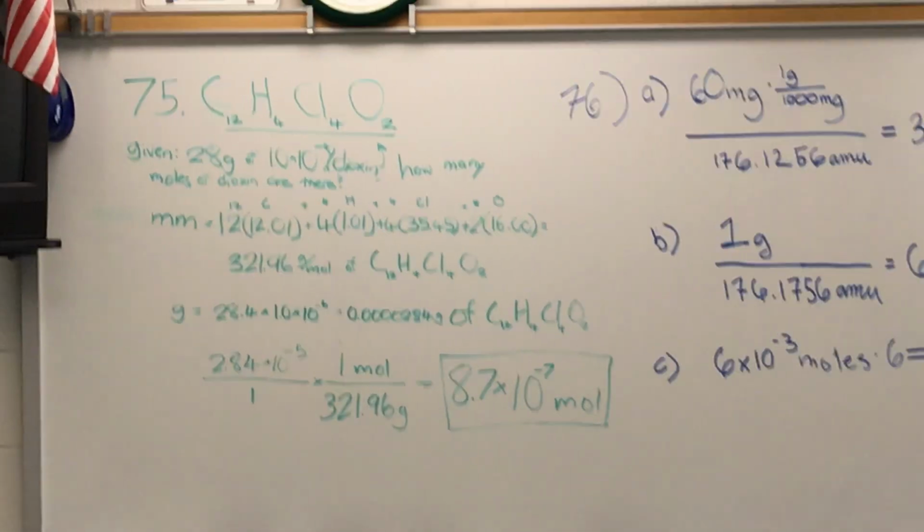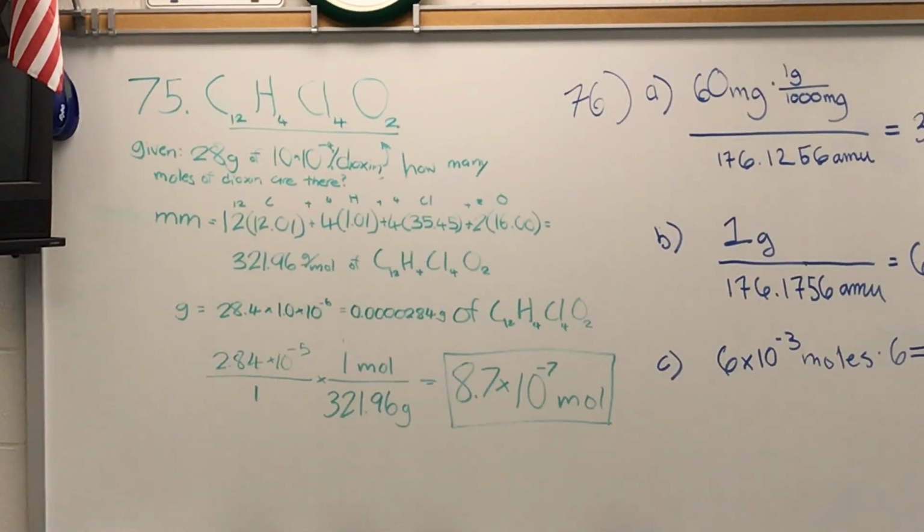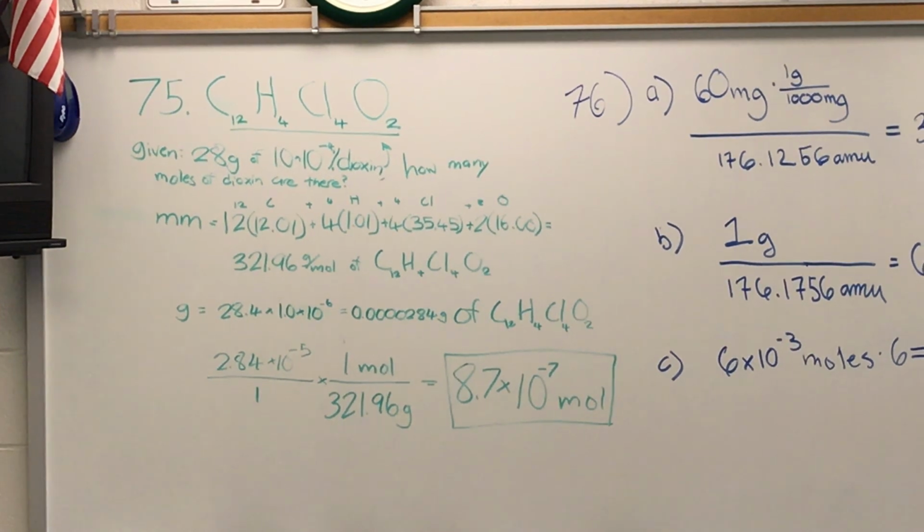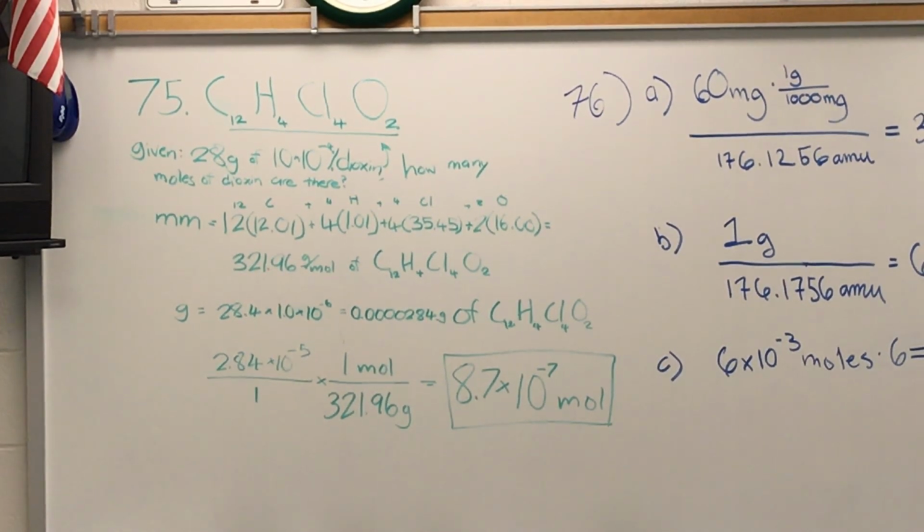So if we look here now at Kruthika doing number 75, you can see that she calculated the molar mass. Then she has her grams as 28.4 times 10 to the minus 6. Where did that come from, Kruthika? From the problem.